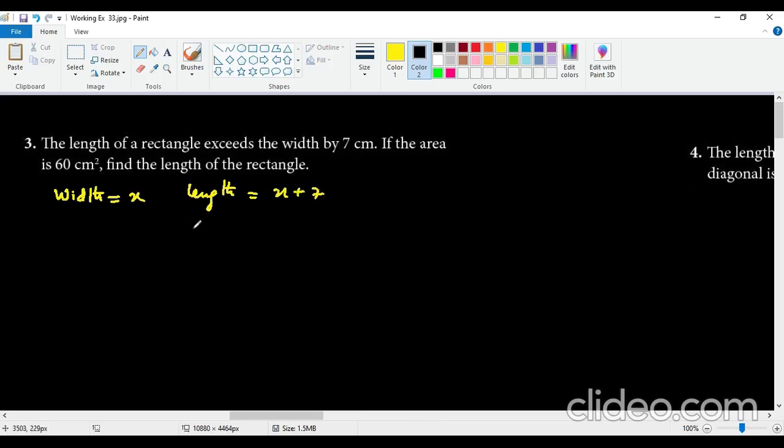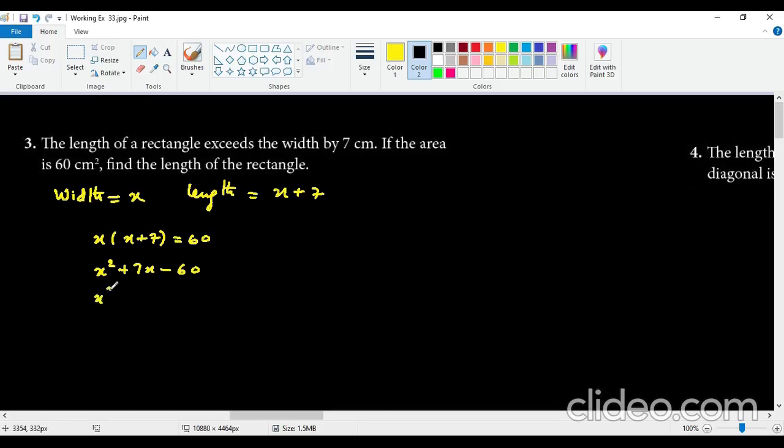Area is when you multiply the length and the width. That means x multiplied by x plus 7 gives us 60. So this gives us x squared plus 7x minus 60 as the equation. And we know very well 12 times 5 is 60, and 12 minus 5 is giving us 7.